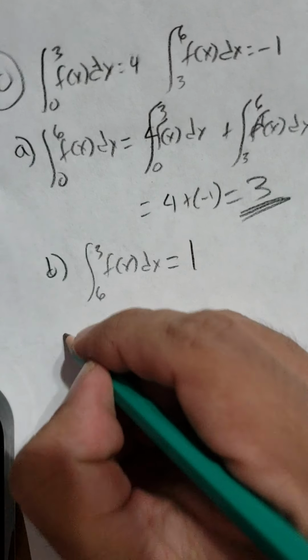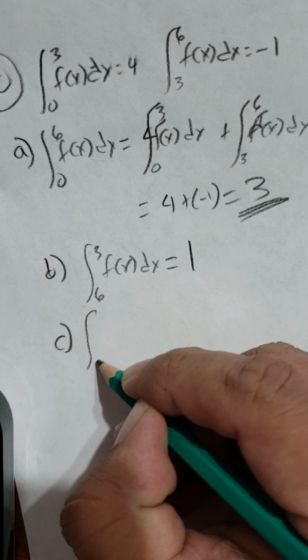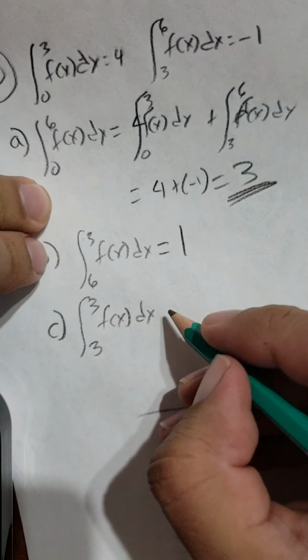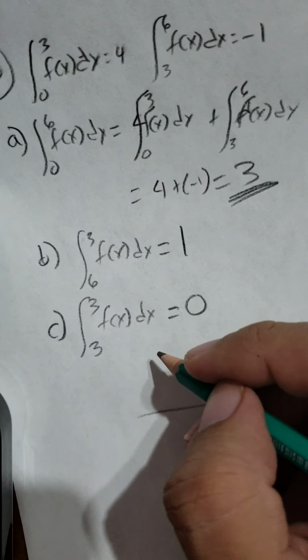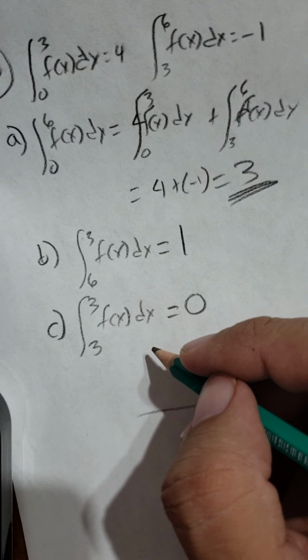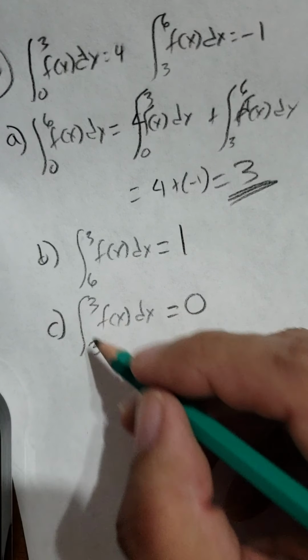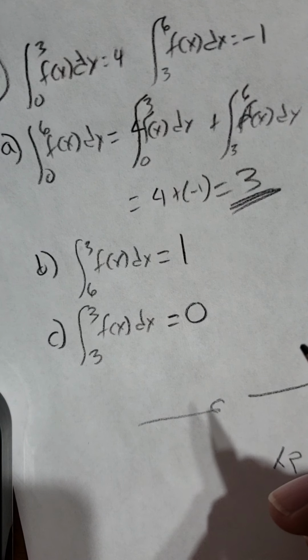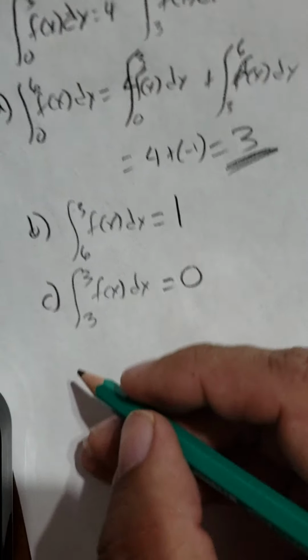Now we have another one, c, that says the integral from 3 to 3 of f of x dx. In this one, the interval is the same. That means the answer is 0. We don't have an interval space here. The answer is 0.